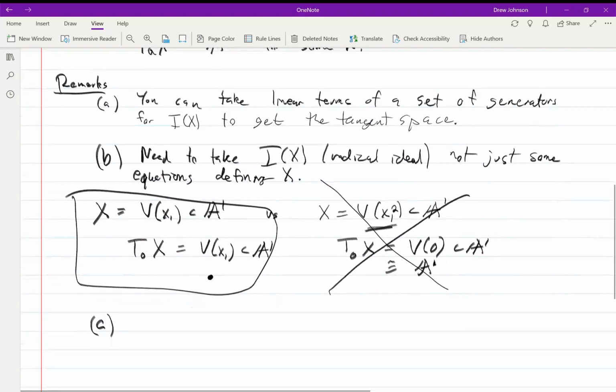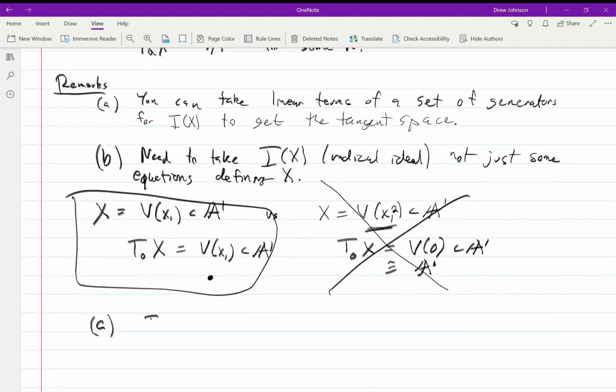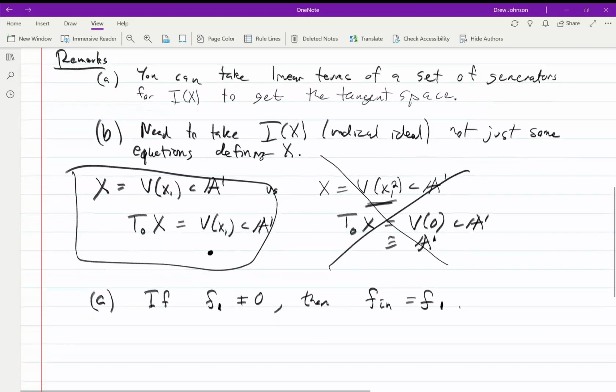All right, and for part C, we should note that if the linear term of a function is not equal to 0, then it's clear that the initial term, f initial, will be equal to f1. Right? Okay, and I didn't mention this, but I should remind you that there's no constant term, because we're assuming these functions vanish at the origin.